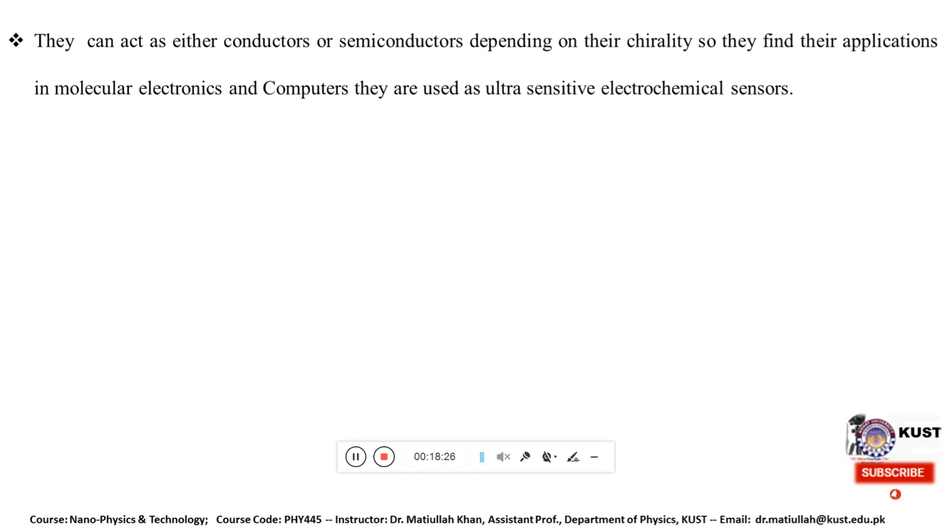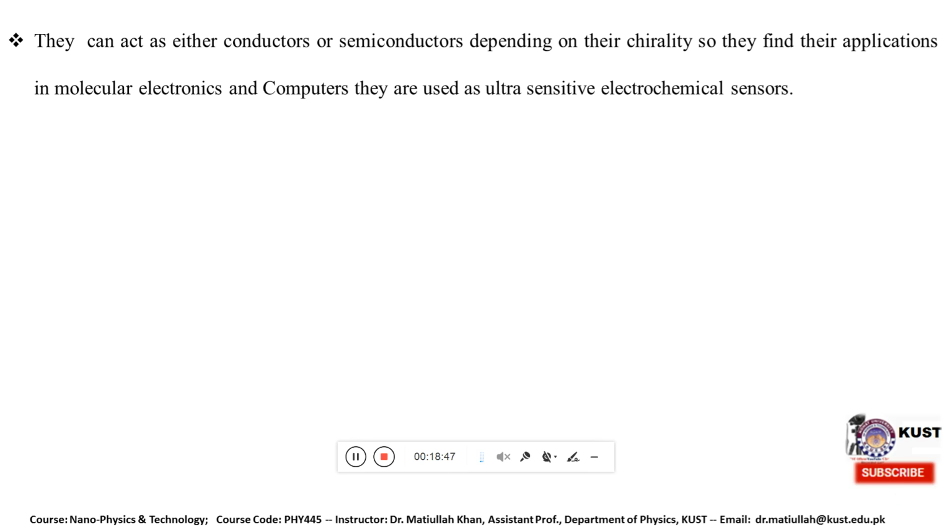The same material can act as either a conductor or an insulator depending on its structure. So they find application in molecular electronics and computers. They are used as ultra sensitive electrochemical sensors.